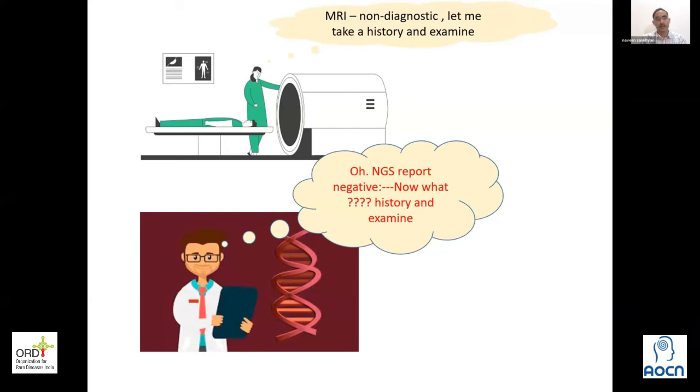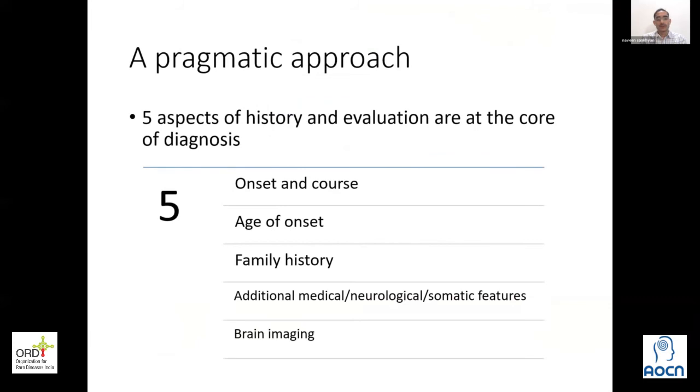Chronic ataxia is one situation where next generation sequencing is not going to give you the answer every time. So what I suggest is a more pragmatic approach, based on the good old method of good history taking and good clinical examination, and then evaluating the investigations in light of what the clinical evaluation suggests.